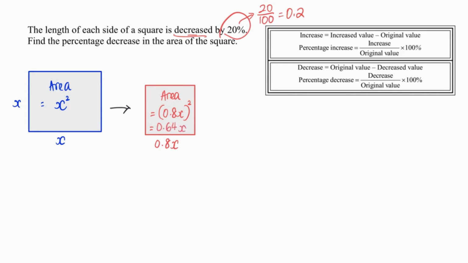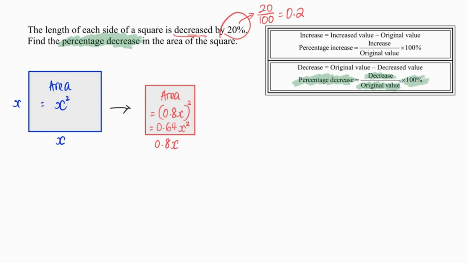X times x is x power 2. And we could then apply what we learned for percentage decrease. Percentage decrease is simply the decrease over the original value times 100%.